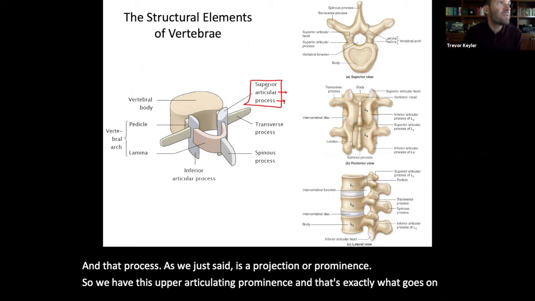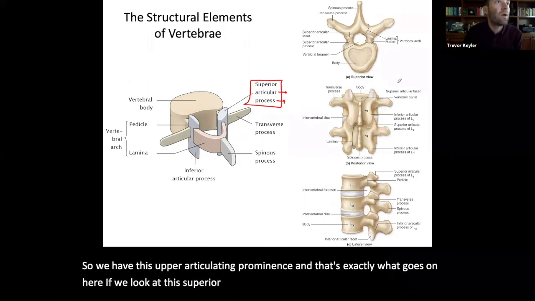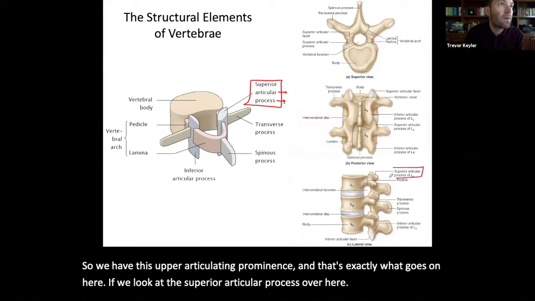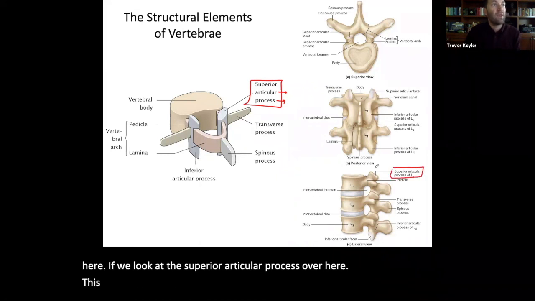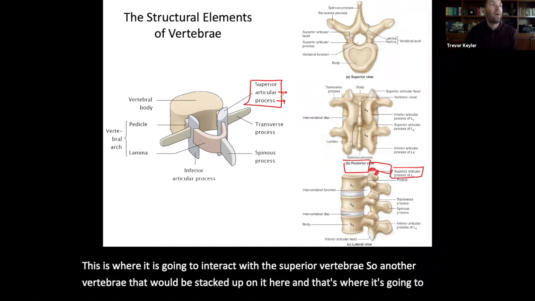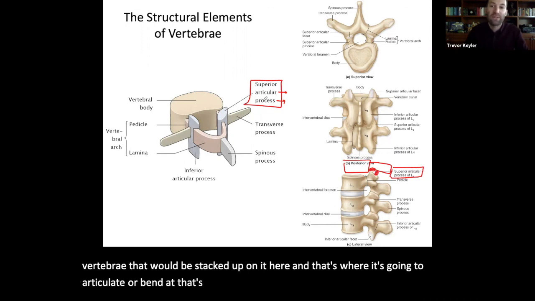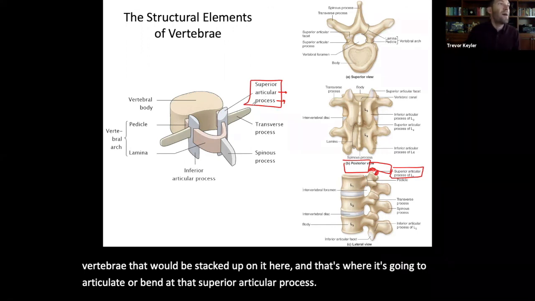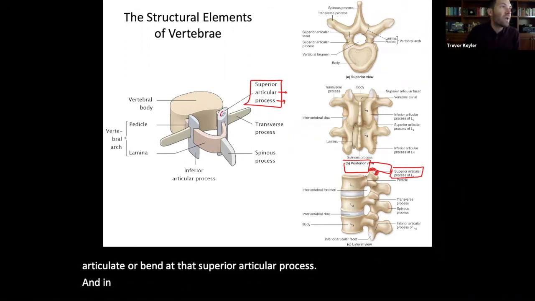If we look at this superior articular process over here, this is where it is going to interact with a superior vertebra. So another vertebra that would be stacked upon it here. Okay? And that's where it's going to articulate or bend at that superior articular process. And in fact, right here, they're not showing it here.